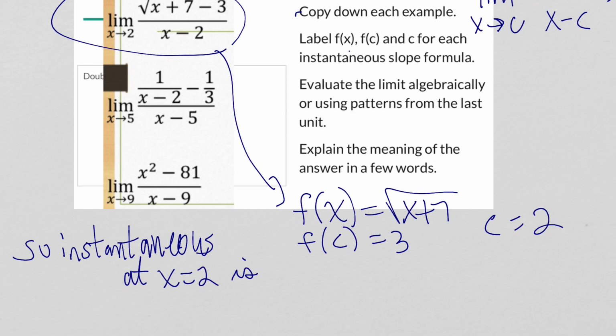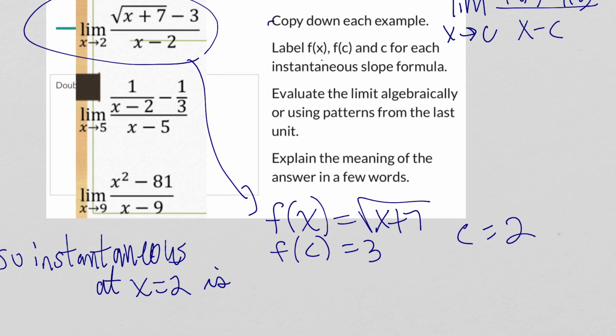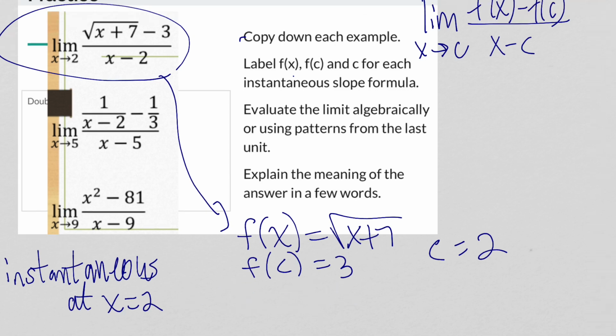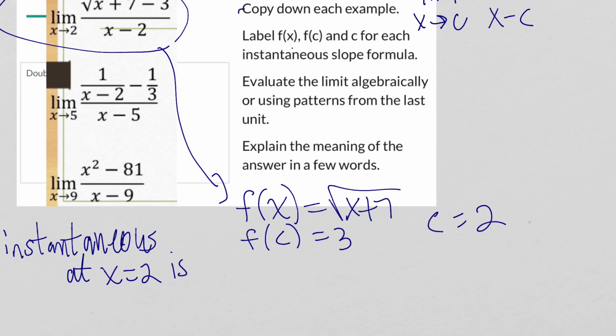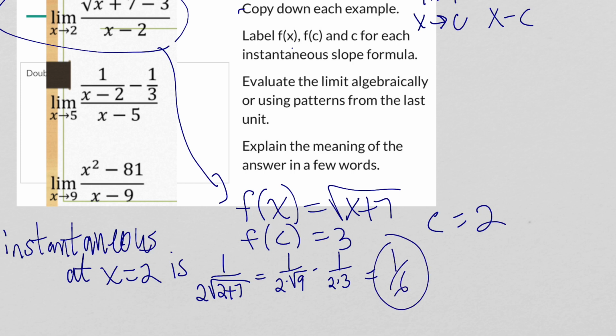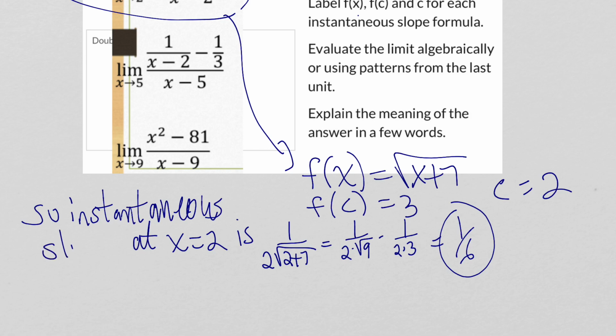I'm going to plug in the 2 there, root 9, 3. Now if you remember the pattern, it's 1 over 2 times putting that limit in under the square root. So 1 over 2 times root 9, 1 over 2 times 3. So the instantaneous slope at x equals 2 is 1/6.